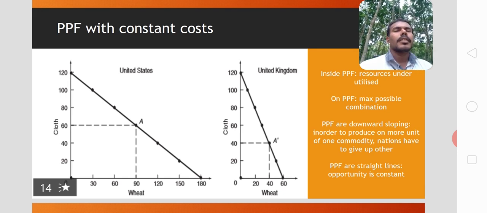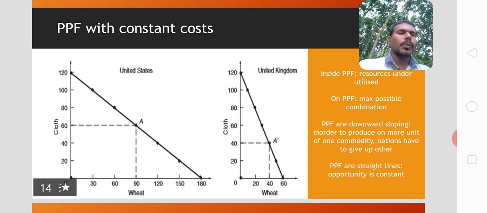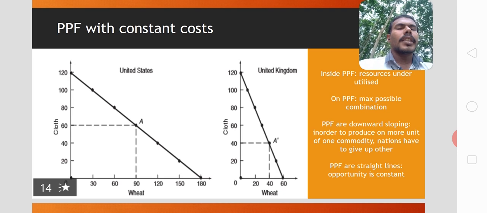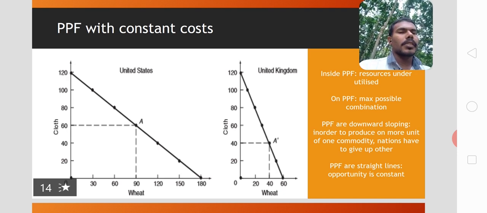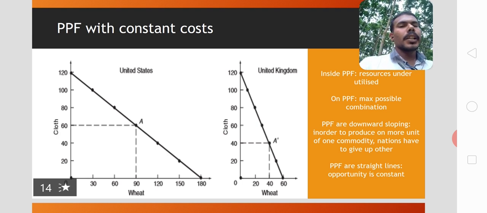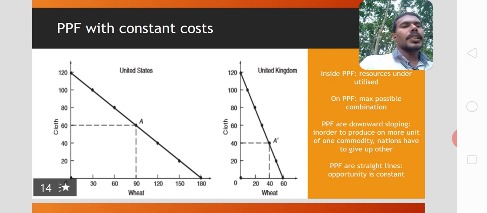As per the production possibility frontier, US produce 60 units of cloth and 90 units of wheat before specialization or before international trade. It is at point A. A is on the production possibility frontier, that is the maximum capacity of US to produce wheat and cloth.